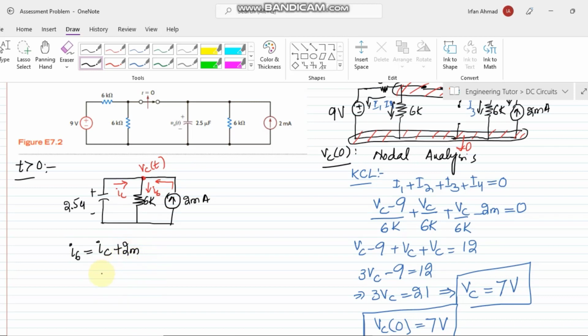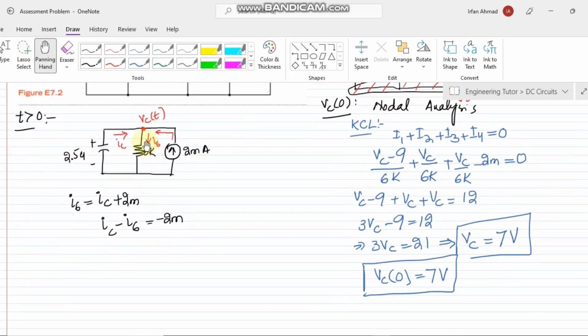Or writing it like IC minus I6 is equal to minus 2 milli. That is the equation here, and we can formulate that the value of IC, as we already found out, is d VC of t divided by dt, and the value of I6 is minus the voltage across this one, so that is VC of t divided by 6k. That current is equal to minus 2 milli.